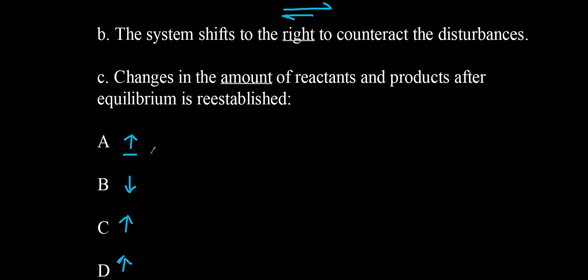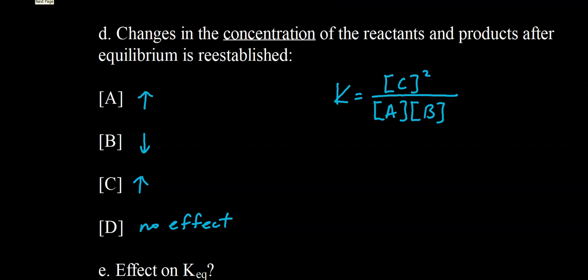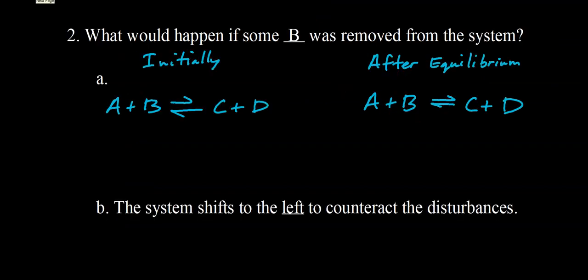Well, equilibrium shifts to the right towards C and D, and we see that the amounts of C and D both increase. If you remove a substance, which way does the equilibrium shift relative to that substance? Well, we saw here when you remove B, the equilibrium shifts to the left.